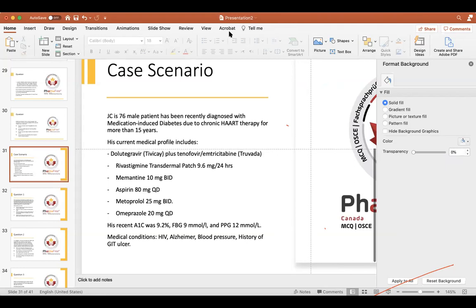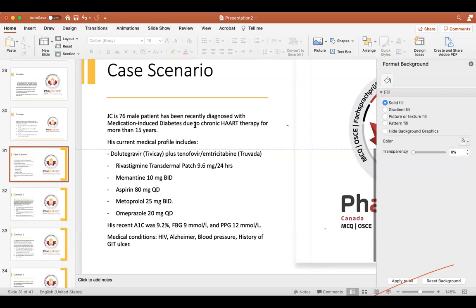JC is a 76 years old male patient who has been recently diagnosed with medication-induced diabetes due to chronic HAART therapy, for more than 15 years.